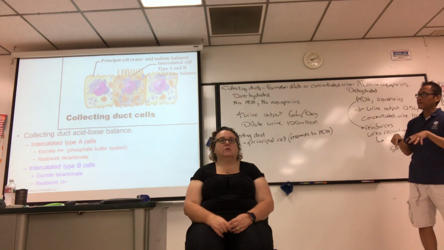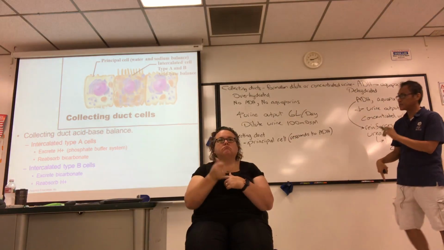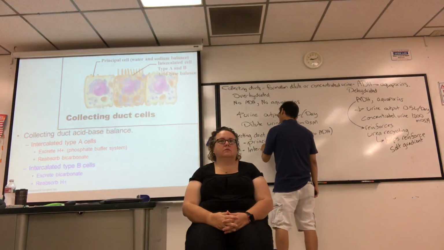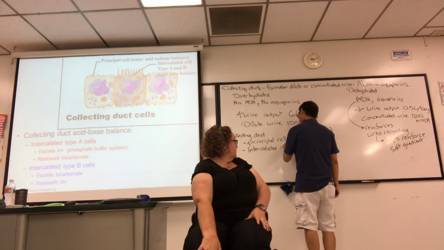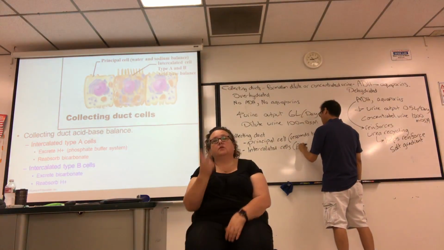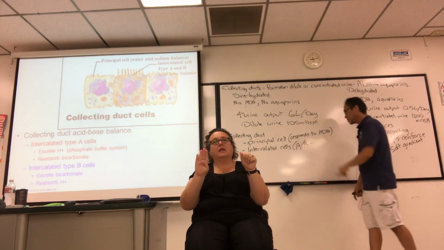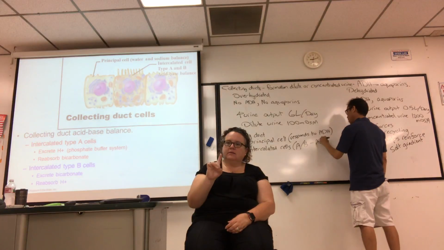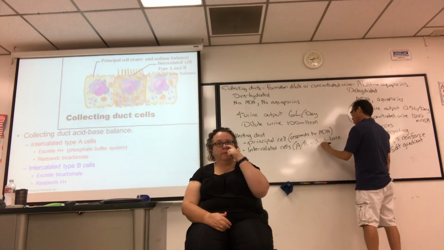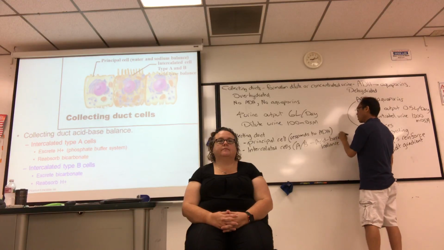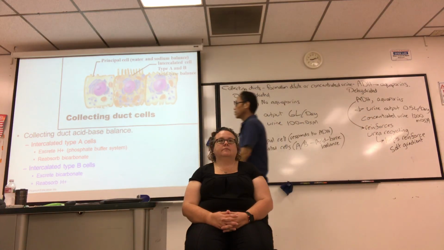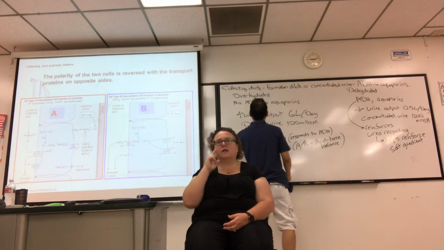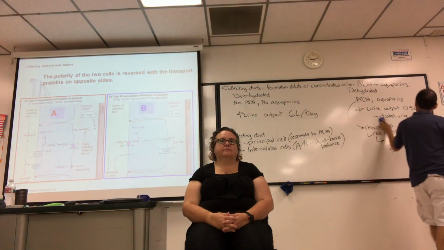The other cells that are kind of few and far between are the intercalated cells. And there's two types, type A and type B. Know them both. Both of these, the A or the B, function in acid-base balance. So here they are.